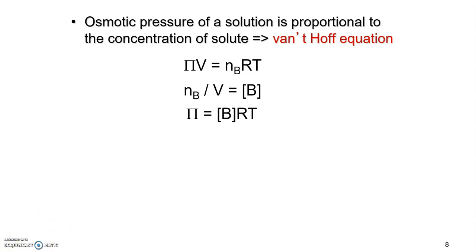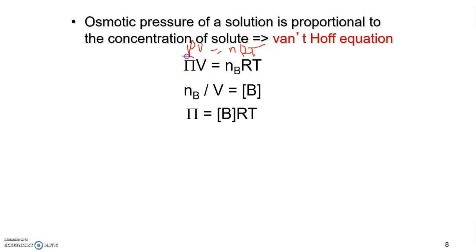The osmotic pressure of a solution is proportional to the concentration of solute. So it can be described by the Van't Hoff equation. This Van't Hoff equation resembles the perfect gas equation, where the perfect gas equation is PV equals nRT.